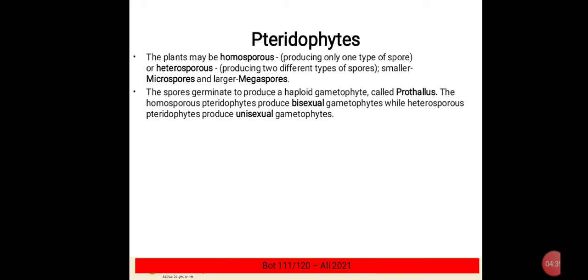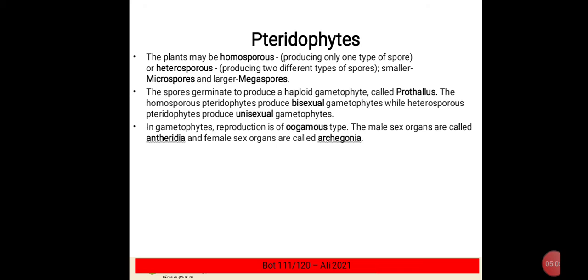Now the homosporous, as we have said, produce only one type of spore. Homosporous pteridophytes produce bisexual gametophytes, meaning two types of sexual gametes, while the heterosporous pteridophytes produce unisexual gametophytes. Are we together? Now, in a gametophyte, we say that reproduction is oogamous in type. What does this mean?